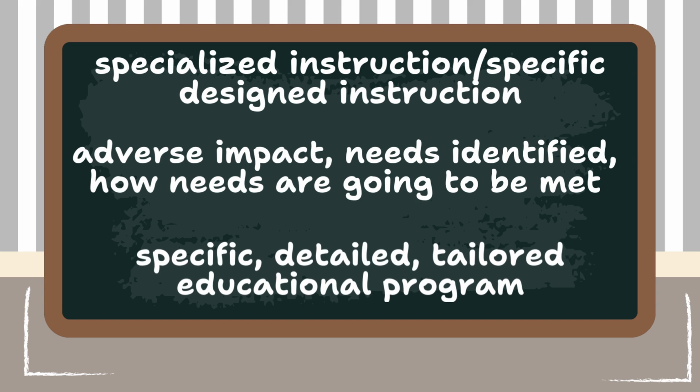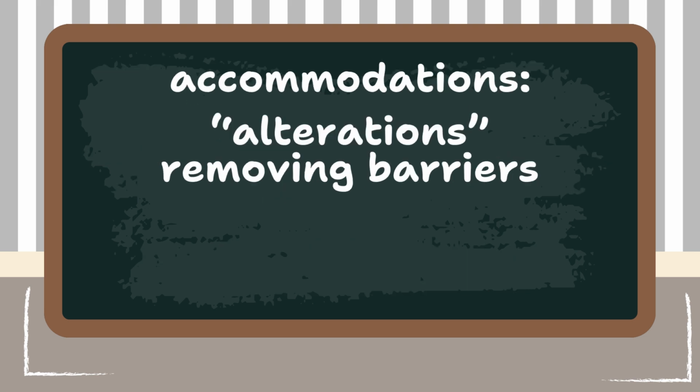The plan is specific, detailed, and very tailored to the student's needs to create an educational program. The 504 plan is not a program, but a plan that provides reasonable accommodations by removing barriers or making alterations that will assist the student in accessing their education.